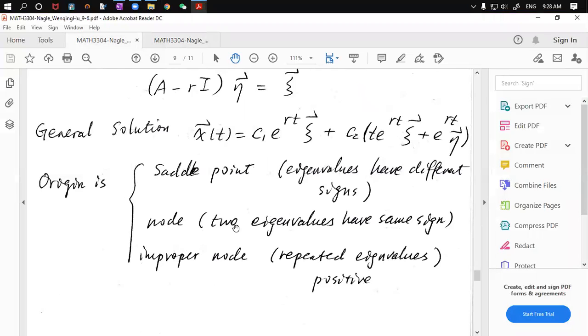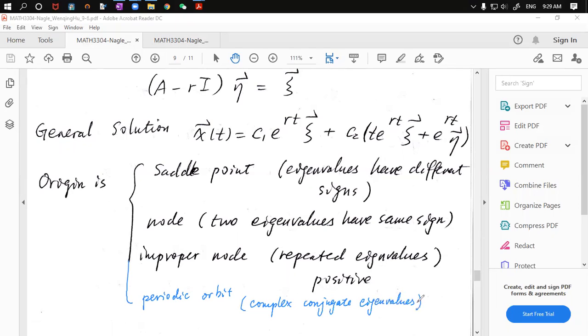It is classified as a node if the eigenvalues have the same sign, and an improper node if you have repeated eigenvalues. And if you have complex eigenvalues, I should say periodic orbits, so I should add one more: periodic orbit, for complex conjugate eigenvalues.